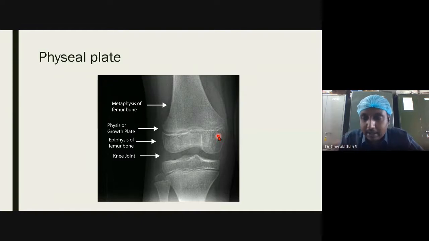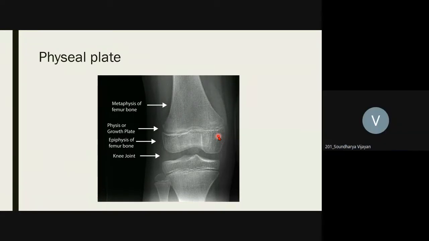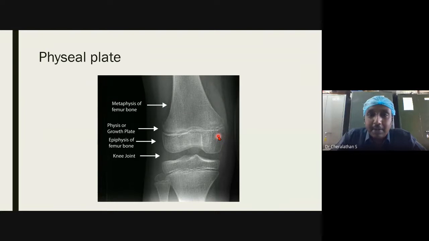But you're right, technically, there is a possibility of reducing the child's overall height. But I think this is a trade-off we make between the genu problem and the overall height. I think the patient will be happy to have a normal knee rather than a few centimeters short. You agree? Yes, sir. Walking will be very difficult if the genu valgus is very severe.